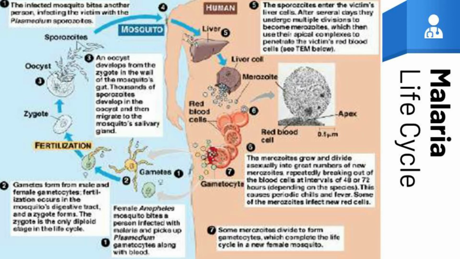Then after, the resulting ookinete travels through the mosquito gut wall and will encyst to the exterior of the gut wall as an oocyst. In the final stage, as soon as the oocyst ruptures, it will release hundreds of sporozoites into the mosquito's body cavity that will eventually migrate to the mosquito's salivary gland.